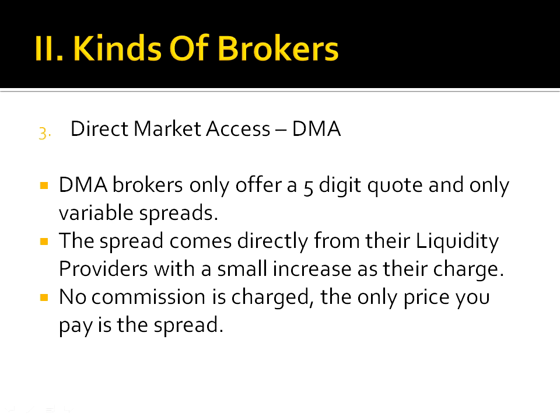Now finally, we're looking at the direct market access, DMA. These guys only offer a 5-digit quote and have only variable spreads. Now, the spread comes directly from the liquidity providers with a small increase as the DMAs charge. There's no commission. Only price you pay is the spread. As the spread is variable, it means it fluctuates a little bit.